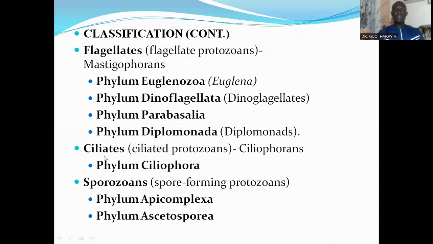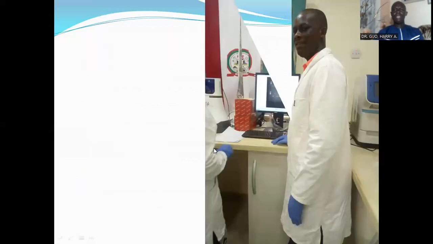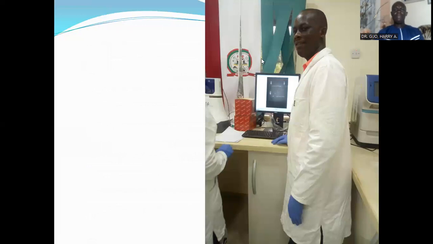The ciliate protozoans or ciliophorans are classified into one phylum, phylum Ciliophora, while the sporozoans are classified into the phyla Apicomplexa and Ascetospora. A typical example of the Euglenozoa is the euglena.